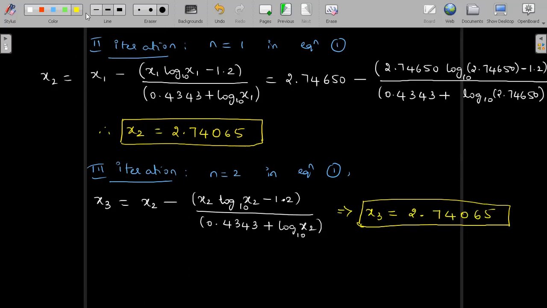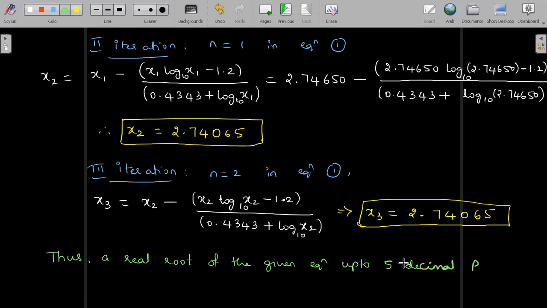Thus we can conclude the answer: a real root of the given equation up to 5 decimal places is 2.74065.